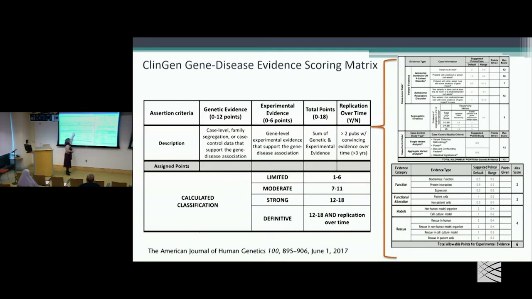And then the point values that we're adding up will land you in limited if there's 1 to 6 points, moderate if there's 7 to 11, strong if there's 12 to 18. We get to definitive if the data has been replicated, with repeated publications, and it has been at least 3 years, to allow the community to mount conflicting information if it chooses. So that's how we go about doing this.